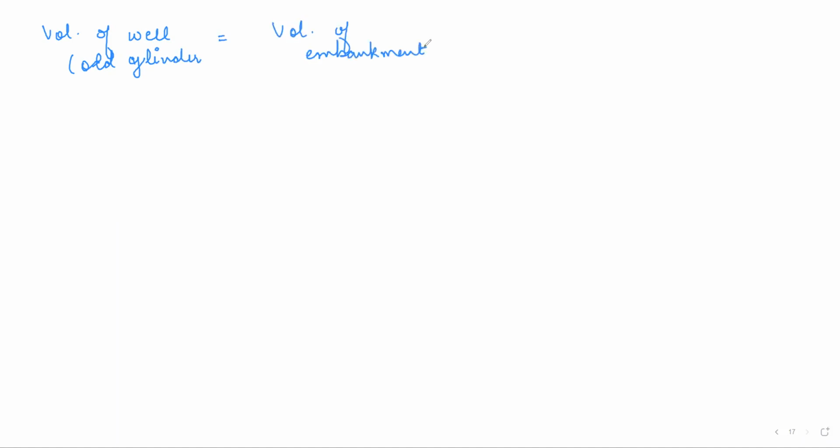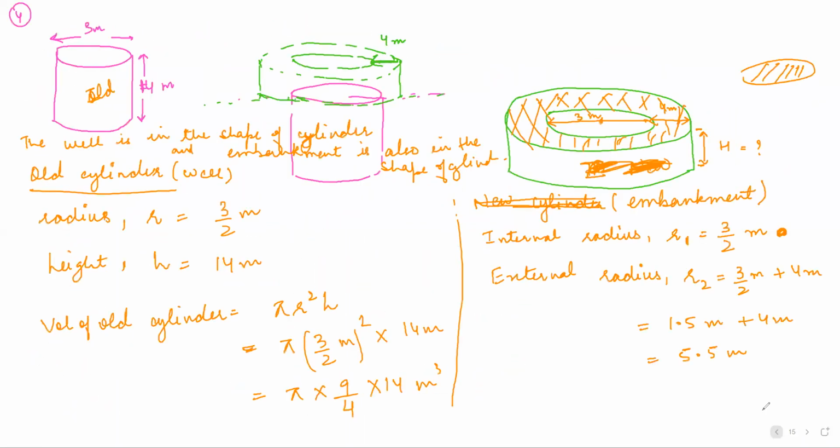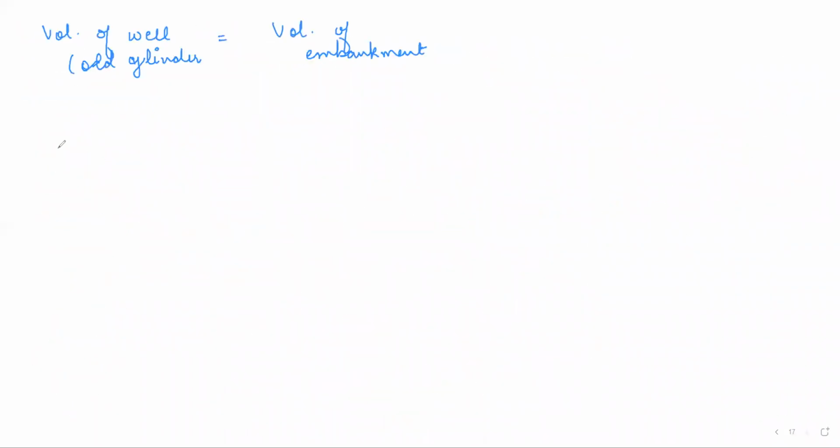This is right. Don't call it new cylinder. Now we have already found the volume. This was the volume: pi into 9/4 into 14 meter cube.